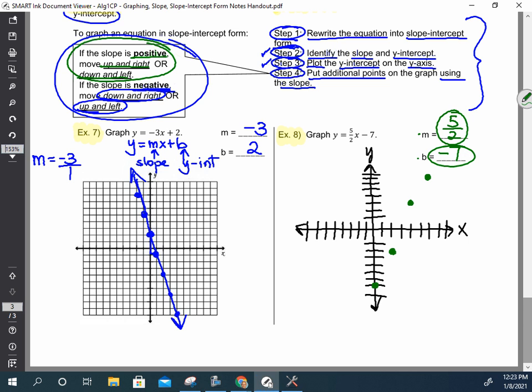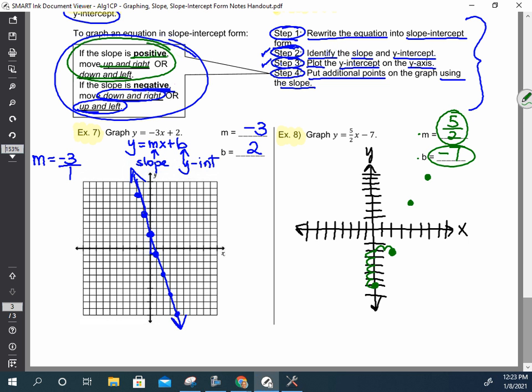You can also go down. You start at negative 7, then you go up 1, 2, 3, 4, 5, and then to the right 1, 2.